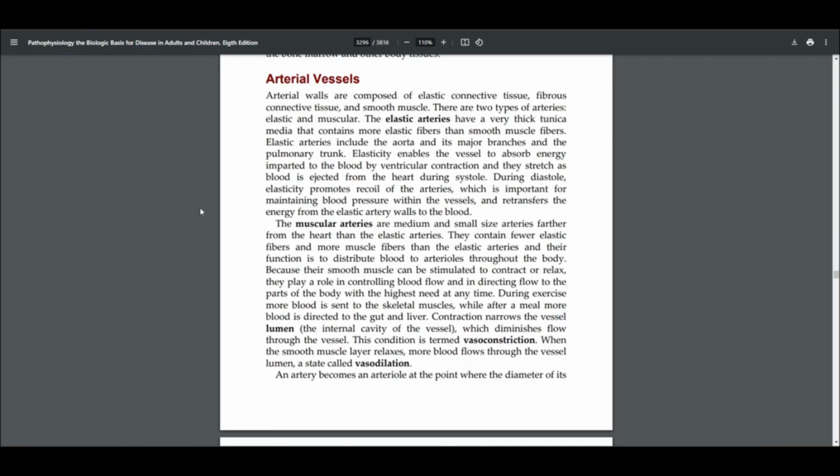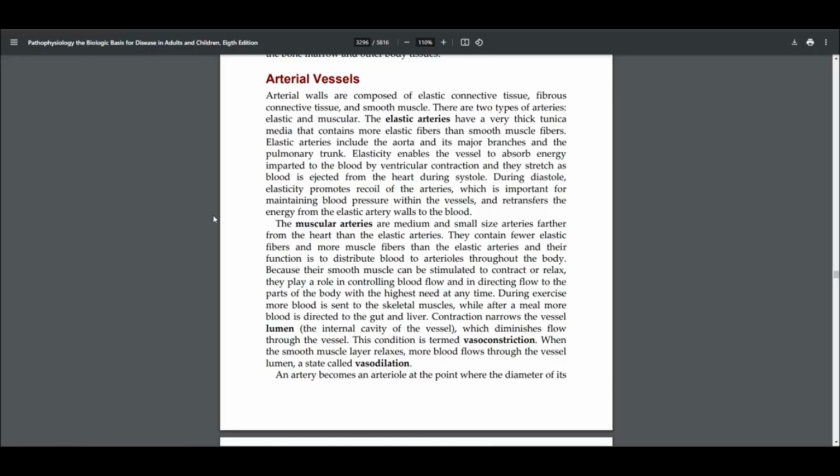Elasticity enables the vessel to absorb energy imparted to the blood by ventricular contraction, and they stretch as blood is ejected from the heart during systole. During diastole, elasticity promotes recoil of the arteries, which is important for maintaining blood pressure within the vessel.